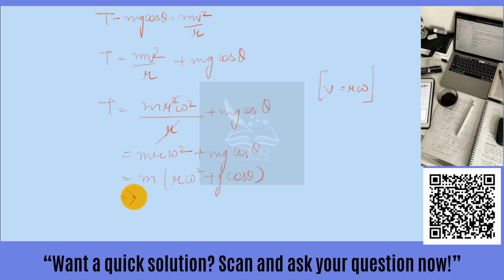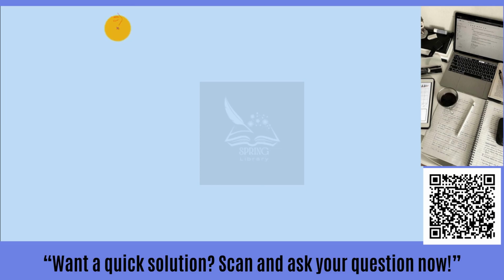Hence after putting the values of m 25, r 2 into 1.41 square omega plus 9.8 cos 20 degree, we get 25 multiplied by 3.9762 plus 9.8 multiplied by 0.9396.